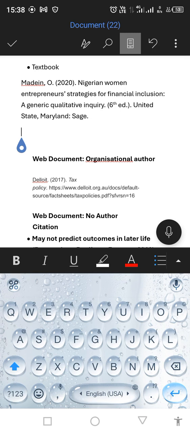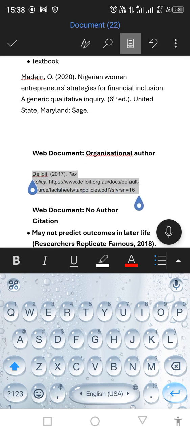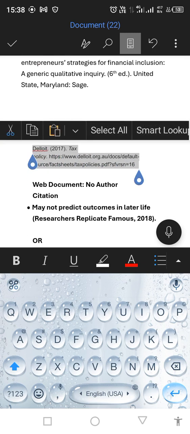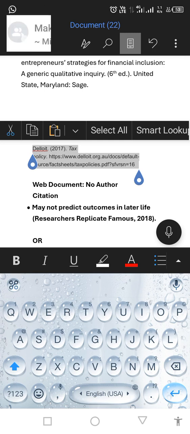Now, let's take a look at what we have here. Just know that what you are seeing here is not the real thing. I just have to bring out something in order to show us what we need to do. For instance, this particular one was published by Deloitte. Deloitte is a corporate body, an organization.